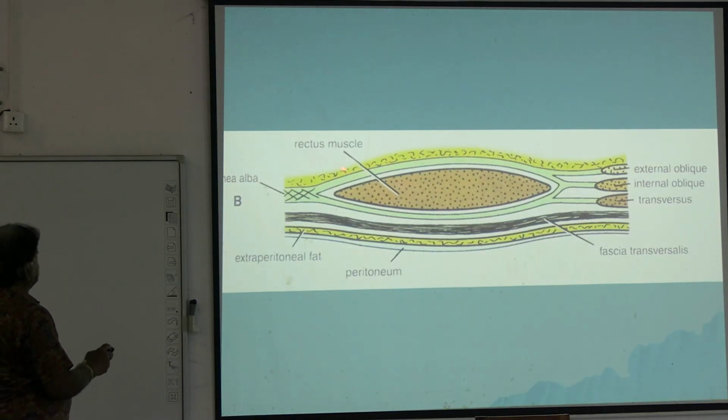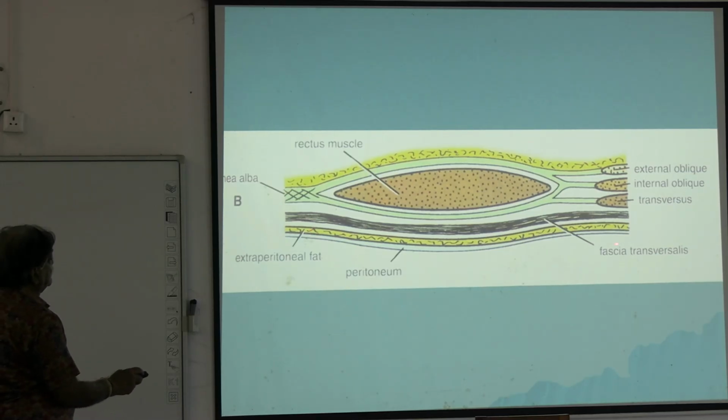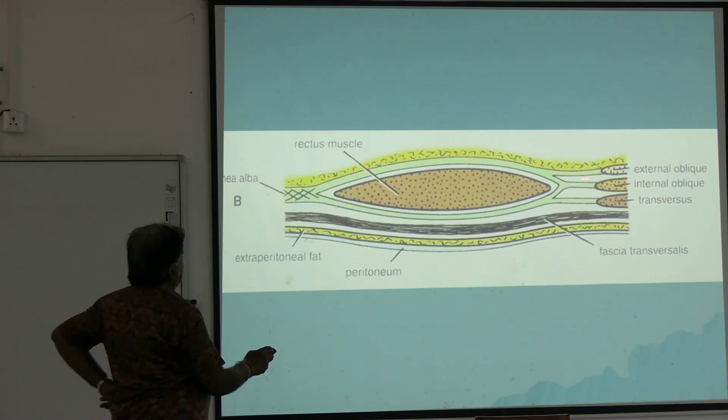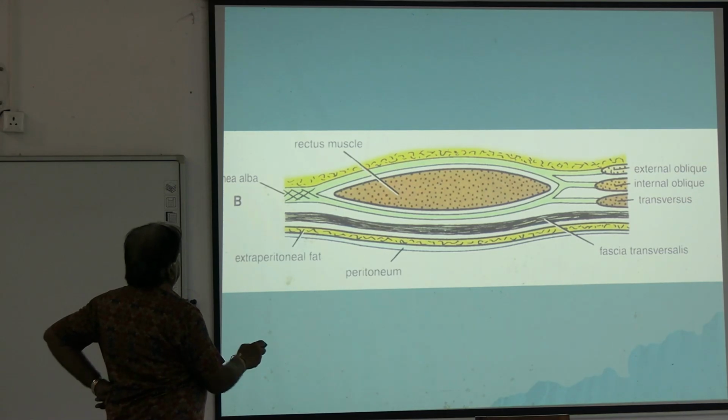See, the rectus muscle is here. This is the linea alba, the extraperitoneal fat. This is the peritoneum, and this is the skin. The external oblique, internal oblique, transversus split and cover the rectus muscles. This is the fascia transversalis.